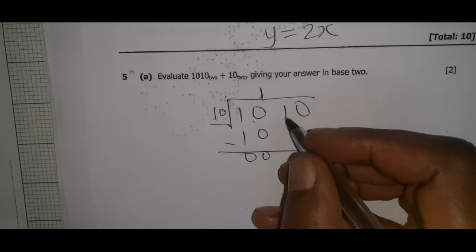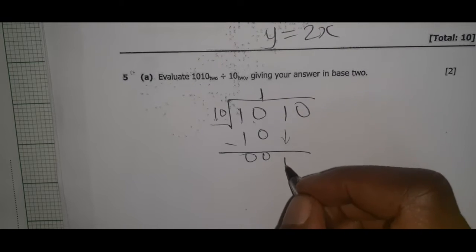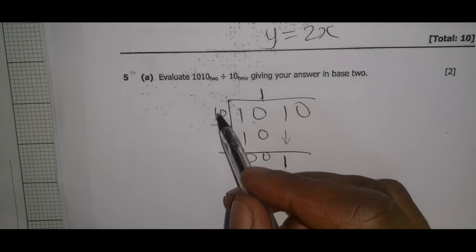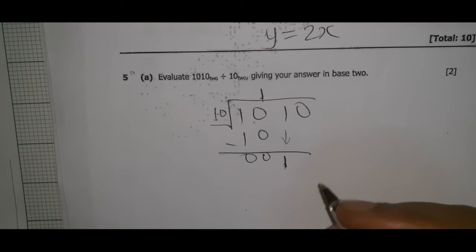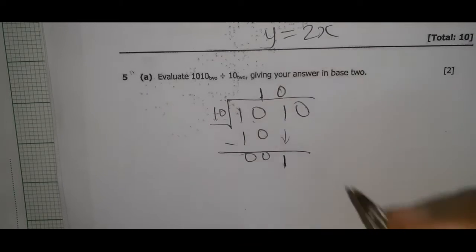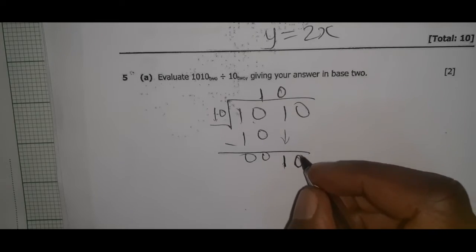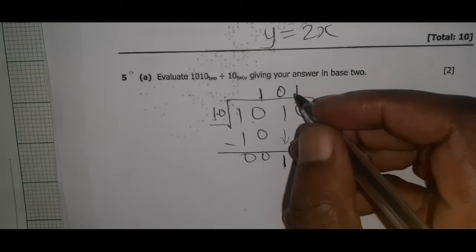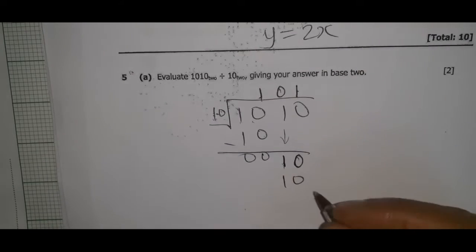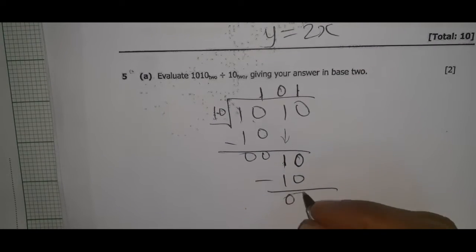Okay, so we need to drop this one down here. When we divide 10 into 1, it can't go. So we put a 0 and bring the 0 down. 10 into 10, it is 1. 1 multiplied by 10, we get 10. Then when you subtract, you get 0.